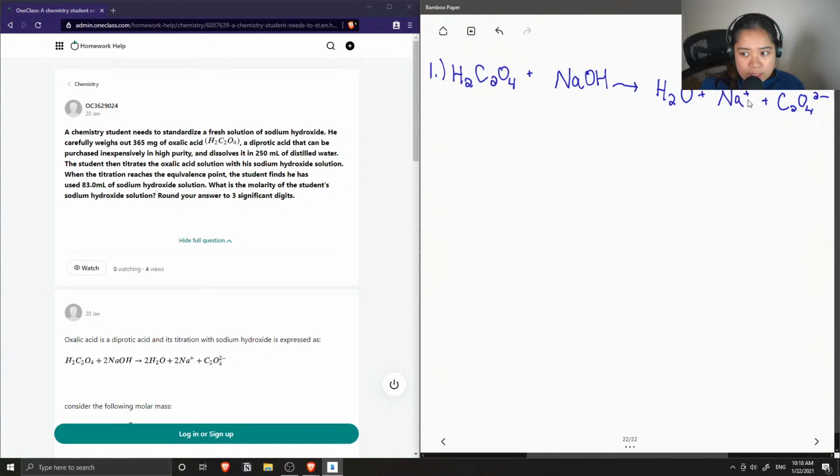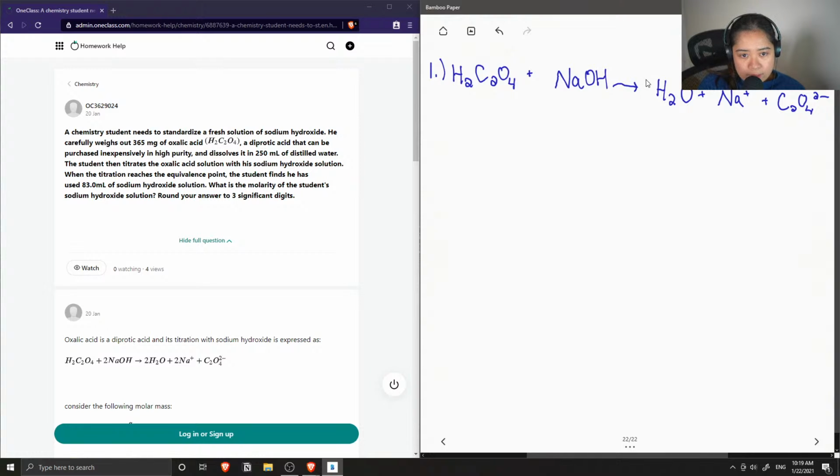Okay, so now we just have to balance this equation. So let's look at our carbons. They're balanced. Our sodium's balanced. Our oxygens, there's also 5 oxygens on each side. But if we look at our hydrogens, there's 3 hydrogens on our reactant side and only 2 hydrogens on our product side.